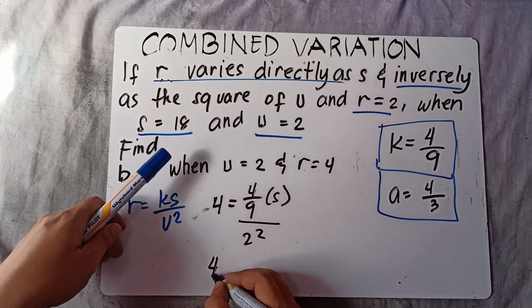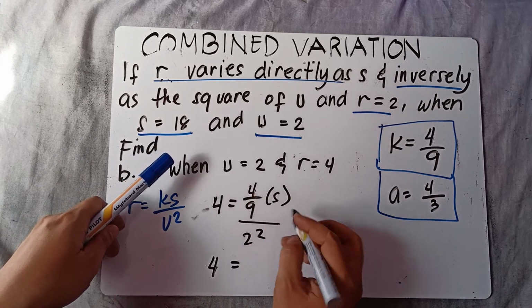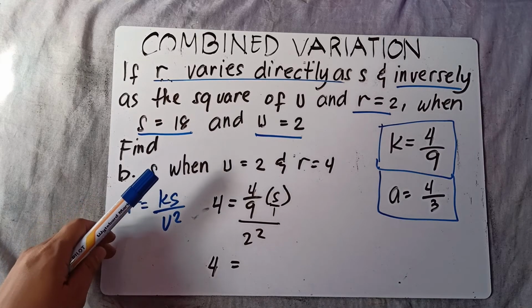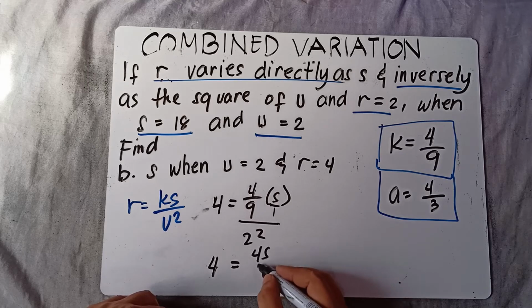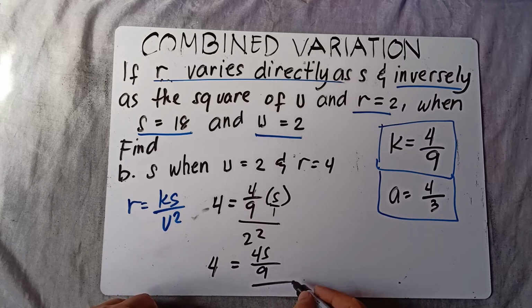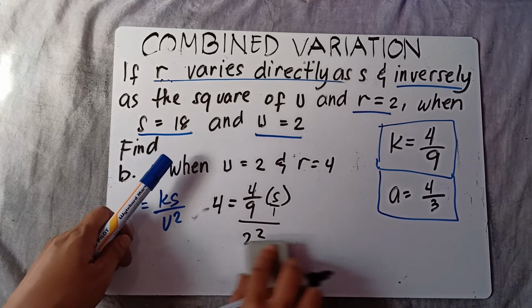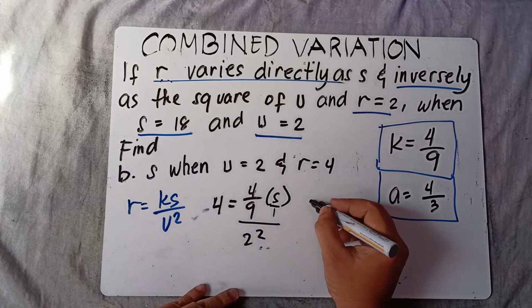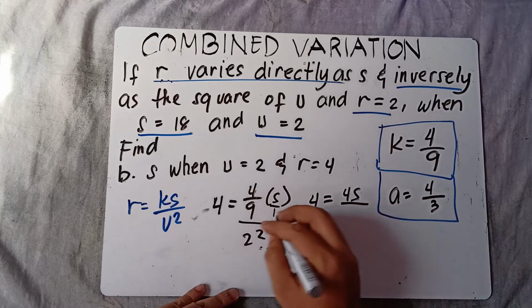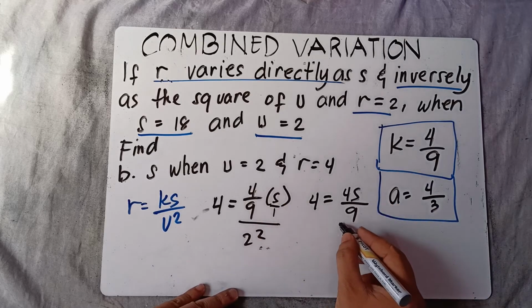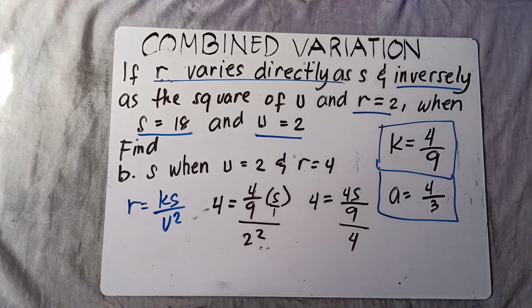So this is 4 equals, multiply 4 times S. Understood, S here has 1 in the denominator. So 4 times S is 4S divided by 9 over 2 times 2 is 4.